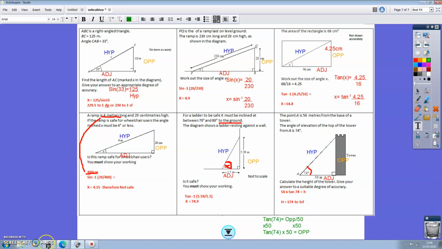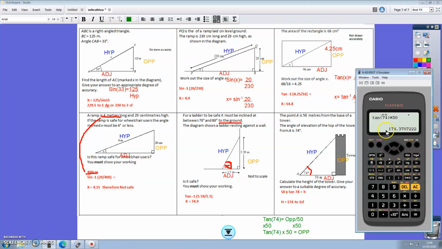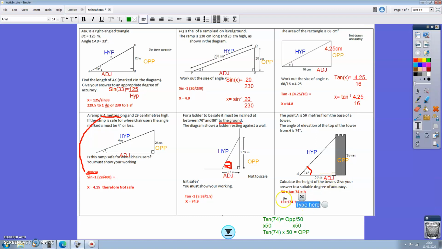So they've done it. You could have put it to the nearest whole number. The way they've written it, the first digit is significant, so is the second, so is the third, so they've put it to 3 significant figures. And remember, what measurement are we in? They would have lost a mark there. Always put the units, 174 meters.